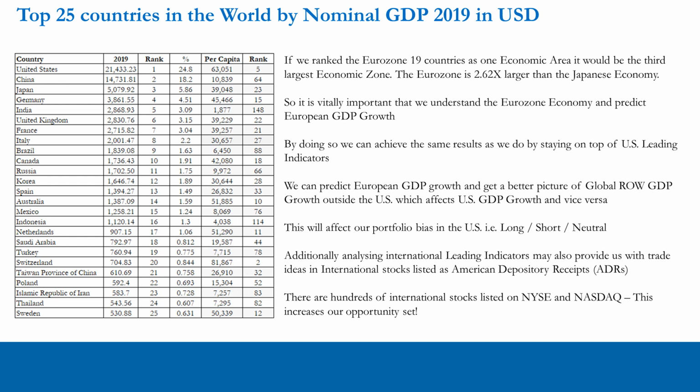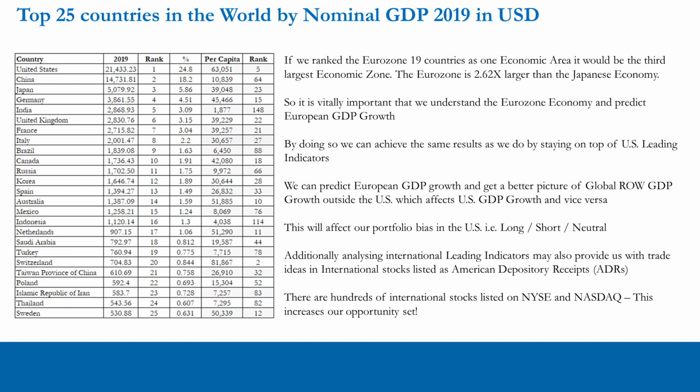If we added up all the constituents and ranked the Eurozone's 19 countries as one economic area, it would be the third largest economic zone in the world. Compared with its nearest competitor, Japan, the Eurozone is 2.62 times larger than the Japanese economy based on 2019 numbers. So it's vitally important that we understand the Eurozone economy and predict European GDP growth.